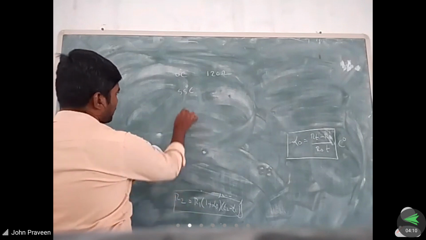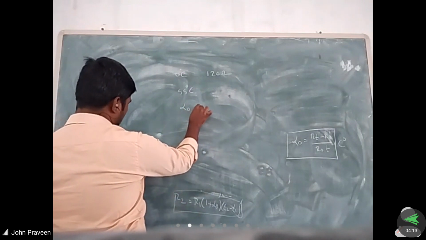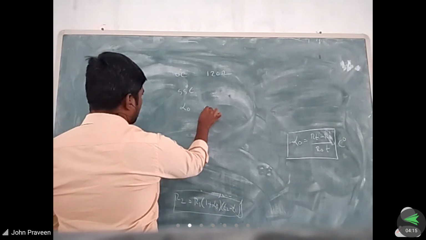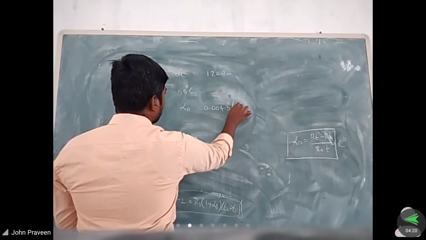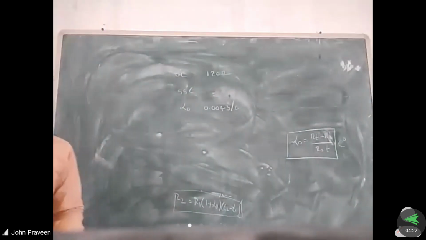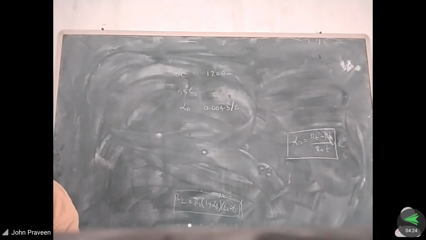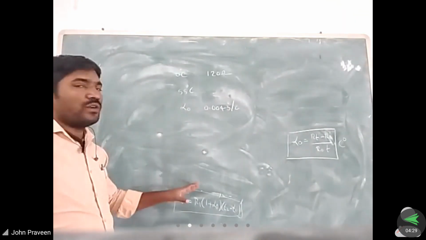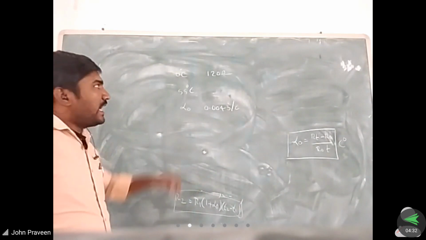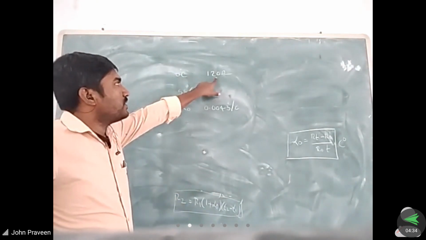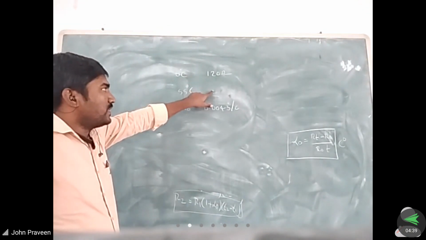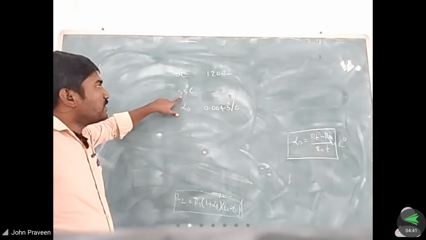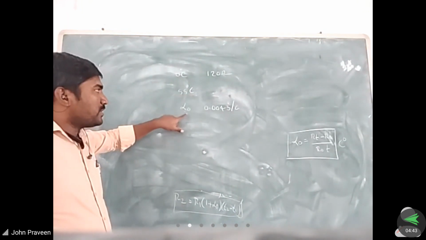The temperature quotient alpha naught is given in the problem as 0.0043 per degree centigrade. So in the problem, a DC machine or motor has 120 ohm resistance at 0 degree centigrade. So what is the resistance of the same winding at 55 degree centigrade if the temperature quotient is 0.0043?